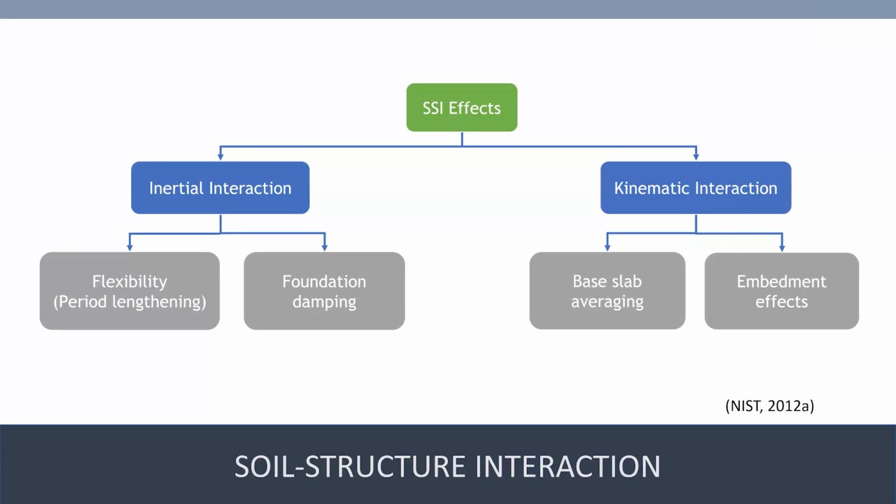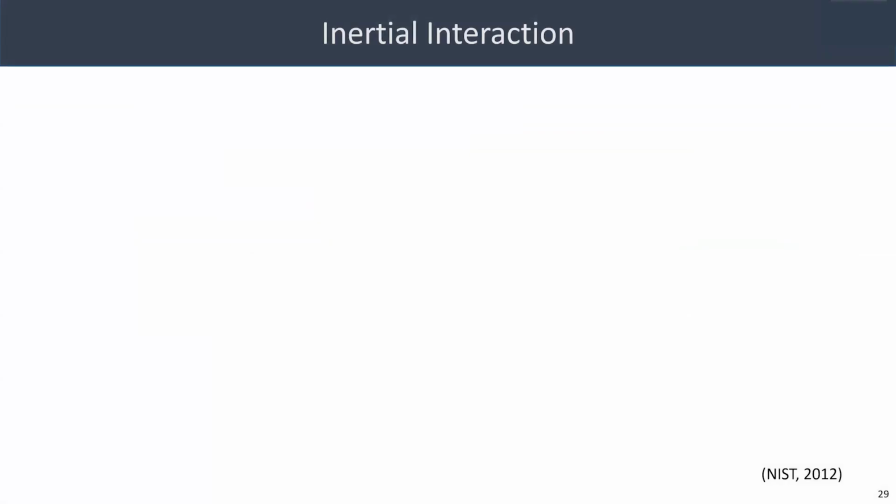So you have those effects on inertia on one side. Kinematic is the base slab averaging and embedded effects, which I will show you later. What does it mean? These are the ones which are hard to capture. These are easy. By putting the soil spring, you can capture them as I showed you earlier. But these on the right-hand side are difficult to capture or even to understand.